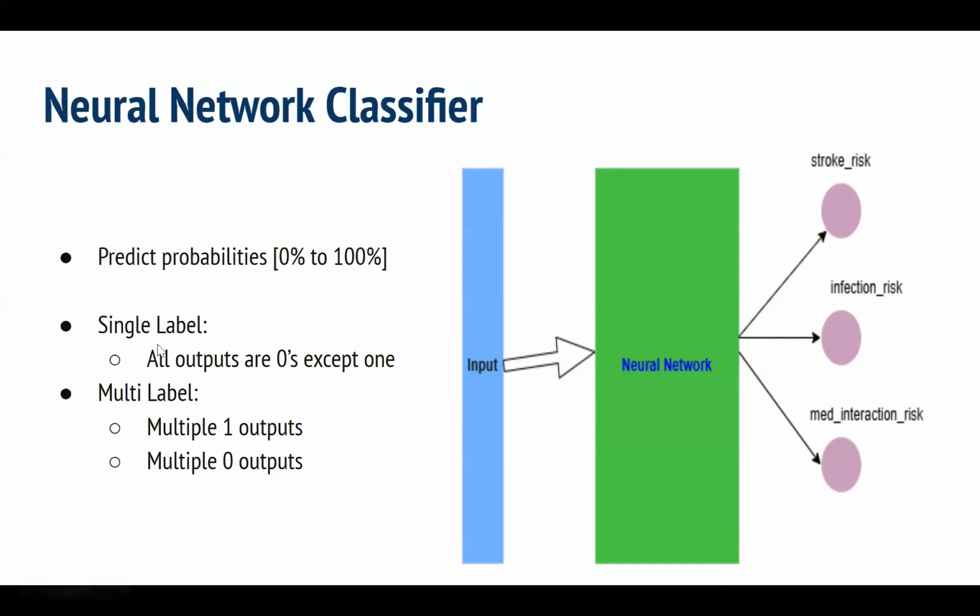If you are only predicting a single label, then all of the nodes must be 0 except for one node, which is going to be 1. If you are doing multiple label prediction, then each of the output nodes will be between 0 and 1.